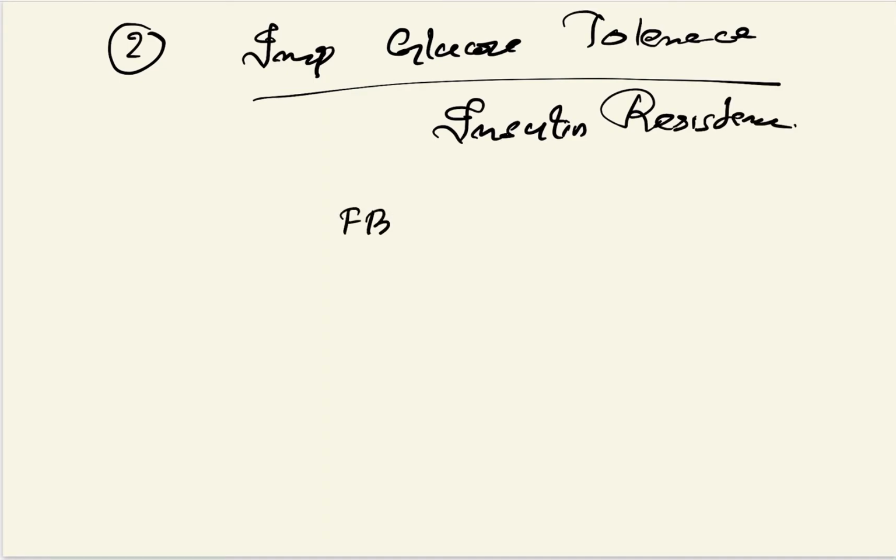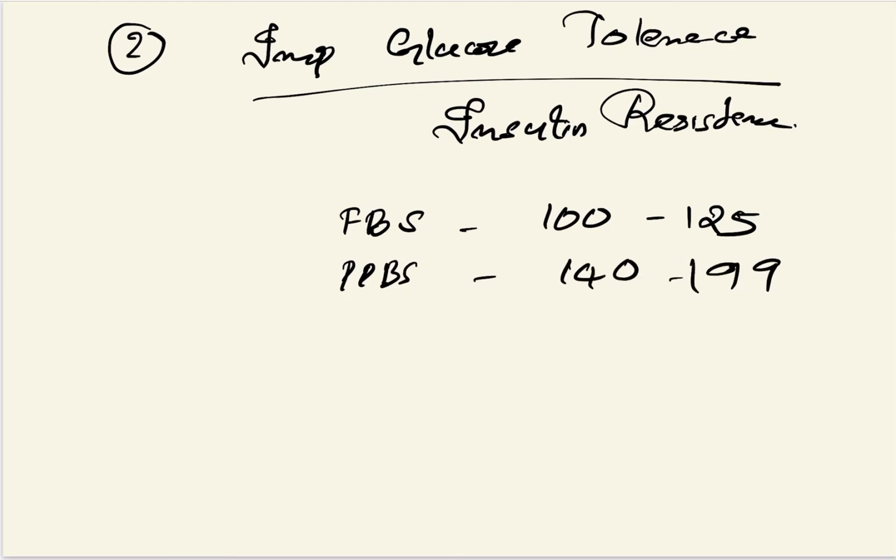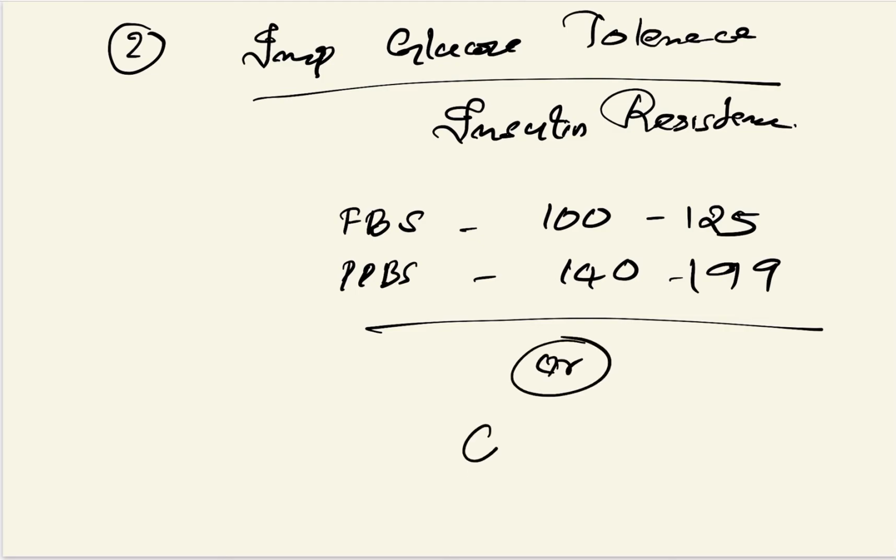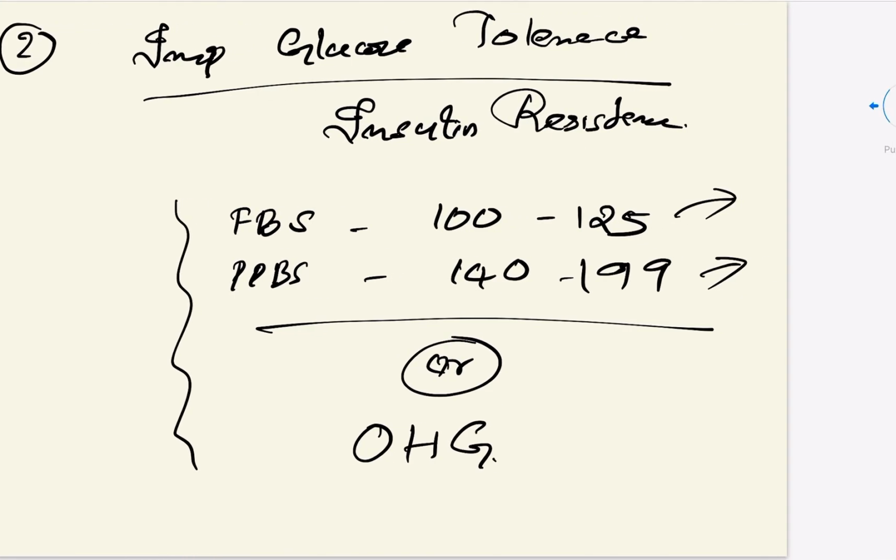We know that FBS should be within 100 to 125, and PPBS should be between 140 to 199, or the patient is already taking an oral hypoglycemic drug. Any of these values beyond 125 or beyond 199, then we consider that the person is suffering from insulin resistance.